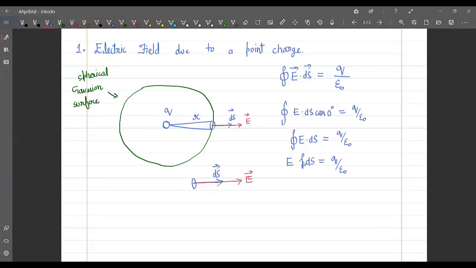Now, integration of ds, ds is the area of the small region, so integration of this will give you the area of the Gaussian surface.